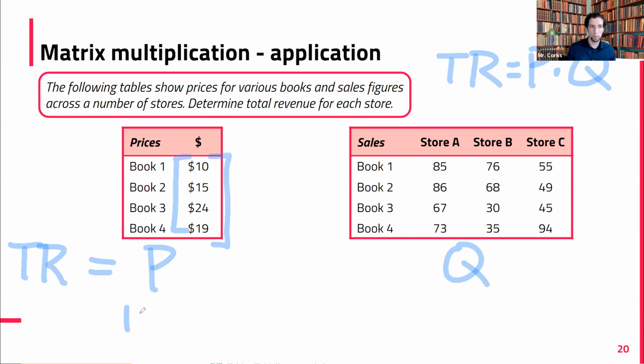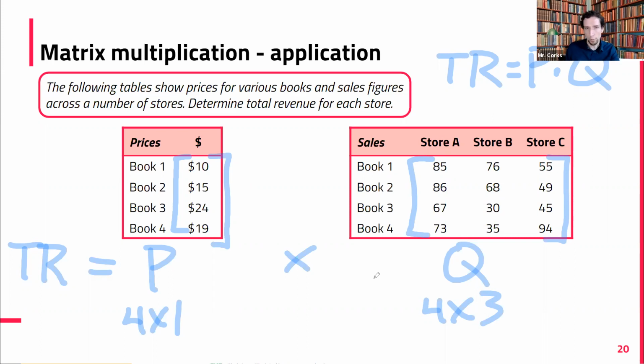This is a 4 by 1 matrix. Q here, just look at the numbers, is a 4 by 3 matrix. So for total revenue, we want to multiply P by Q. Almost.